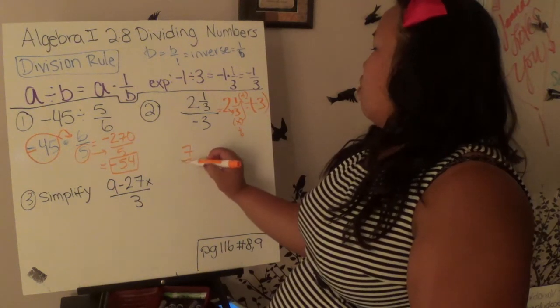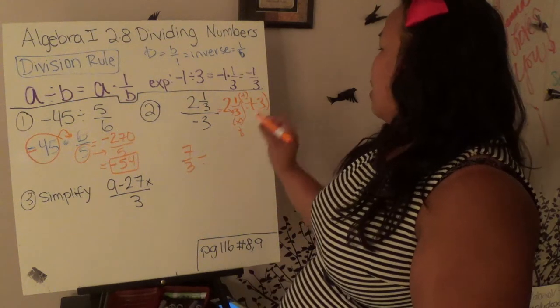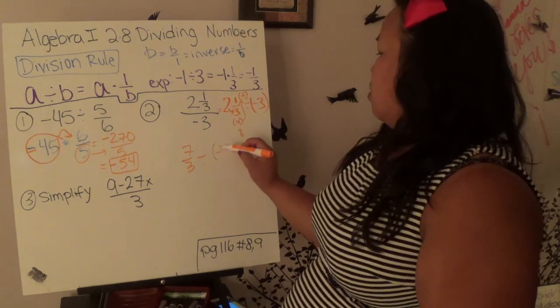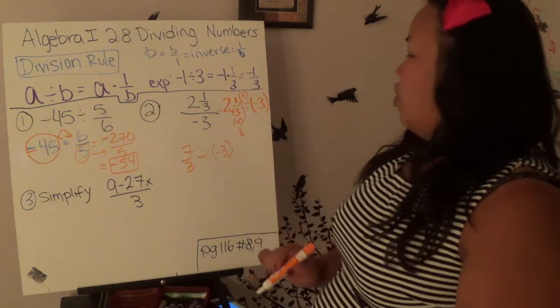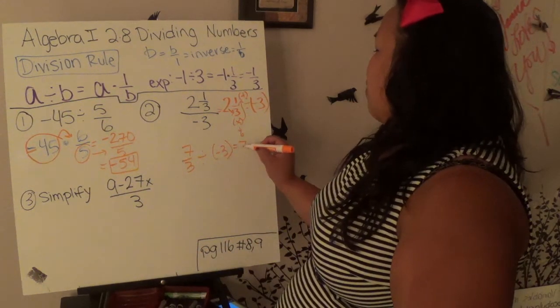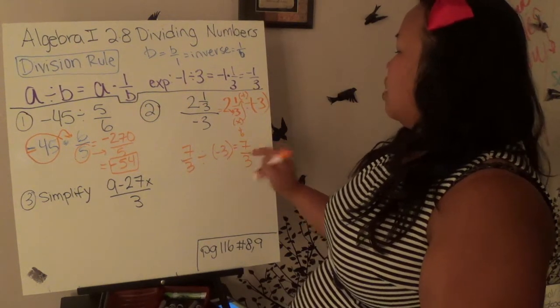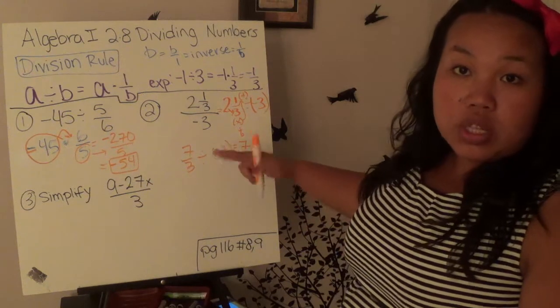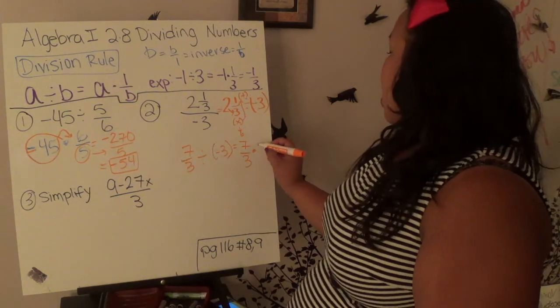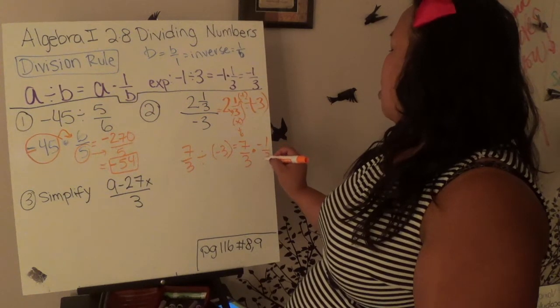So 7 over 3 divided by negative 3. Now, I have to change that division sign. So what this is saying is 7 over 3, right? Instead of division, times, but I have to put the inverse of negative 3, which is negative 1/3.